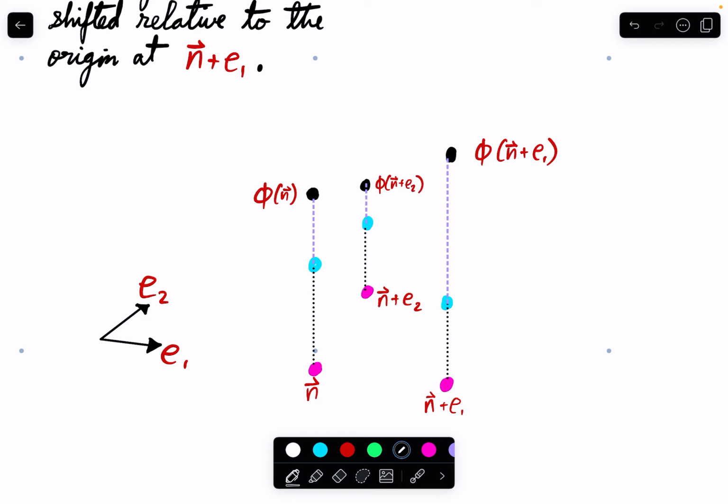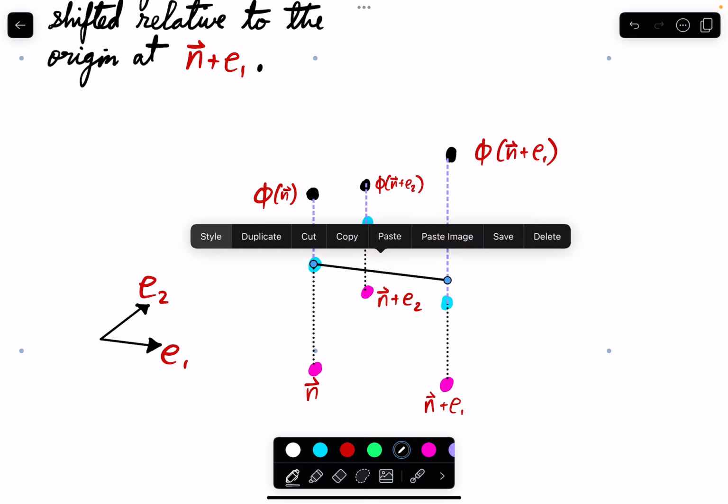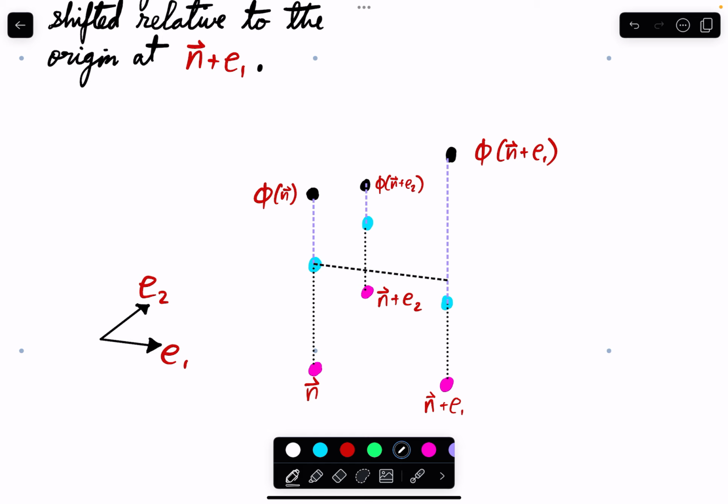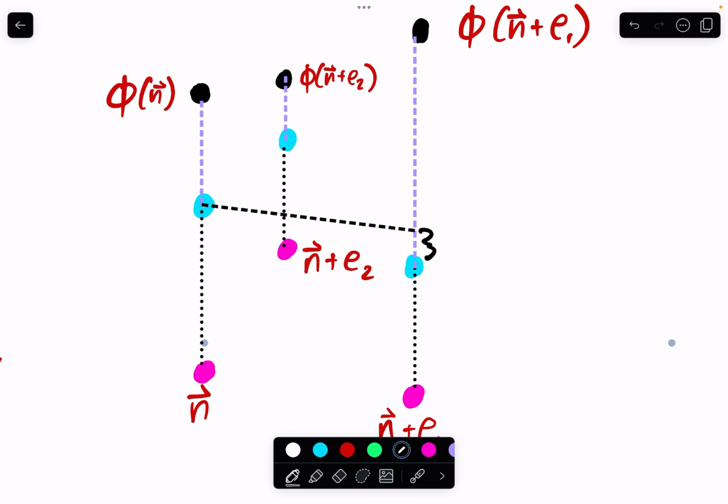So if we take a look and just draw a line that is supposed to be a straight line, it shows the relative difference. Does it go between these two points? Yeah, more or less. So this shows where the difference in the origin is. And so this value right here, let's write it more clearly like this.